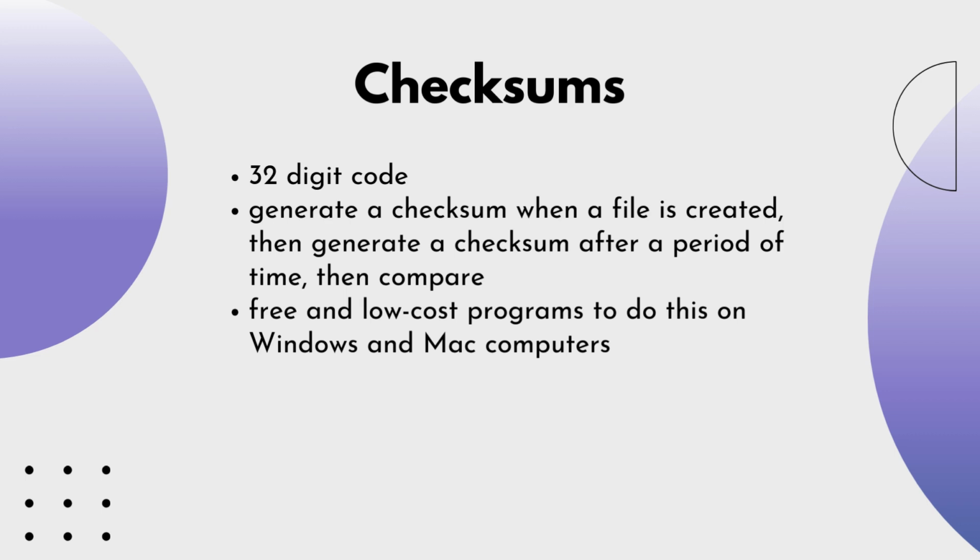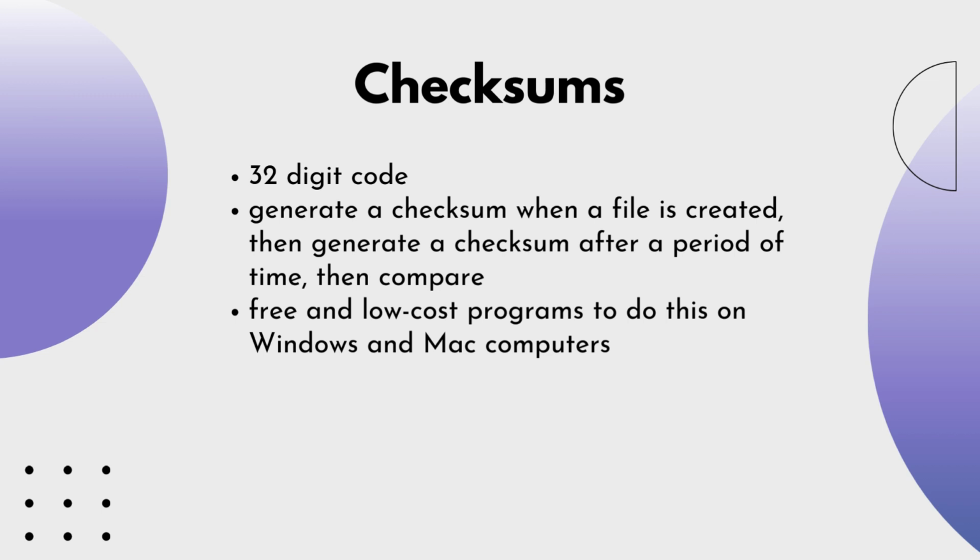And if the checksum, this 32-digit code, has changed at all, then you know that something about the file has changed. I know this is a little bit high level, but there are both free and low cost programs that will do this for you on Windows and Mac computers. The one that I know of that a lot of people use is called Fixity, or Fixity Pro, and it's put out by a company called AVP.